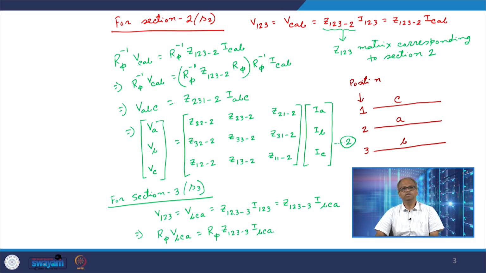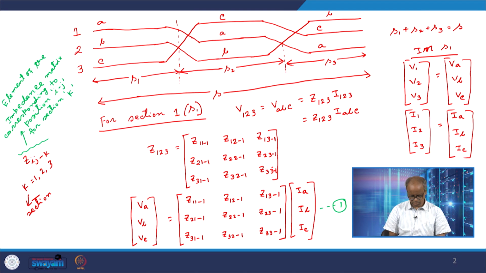Again we note that Z1233 is nothing but the Z123 matrix, the 3 cross 3 Z123 matrix corresponding to section 3. We can write it also just to be explicit.